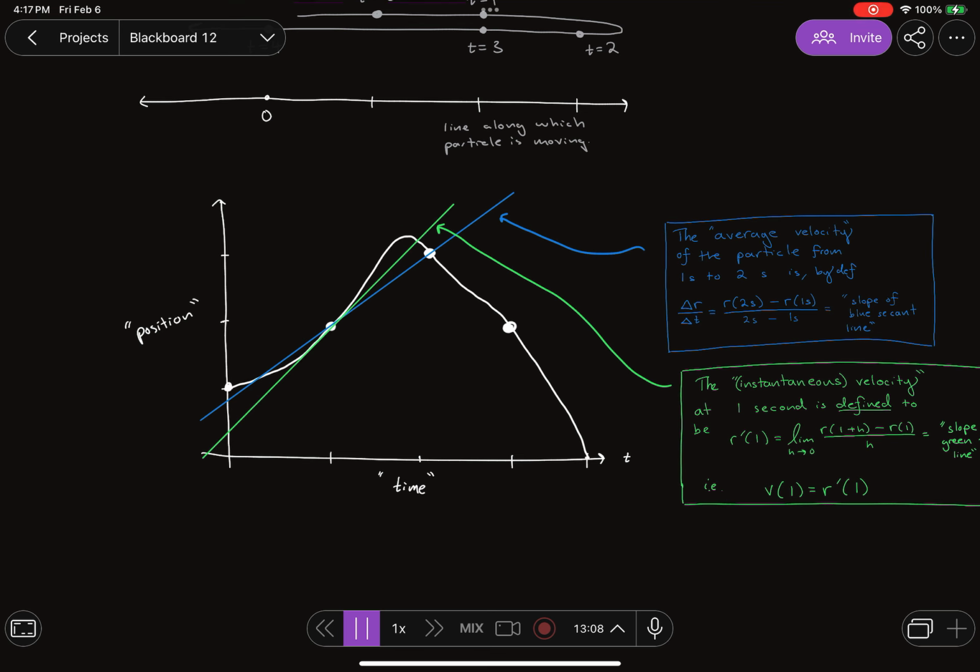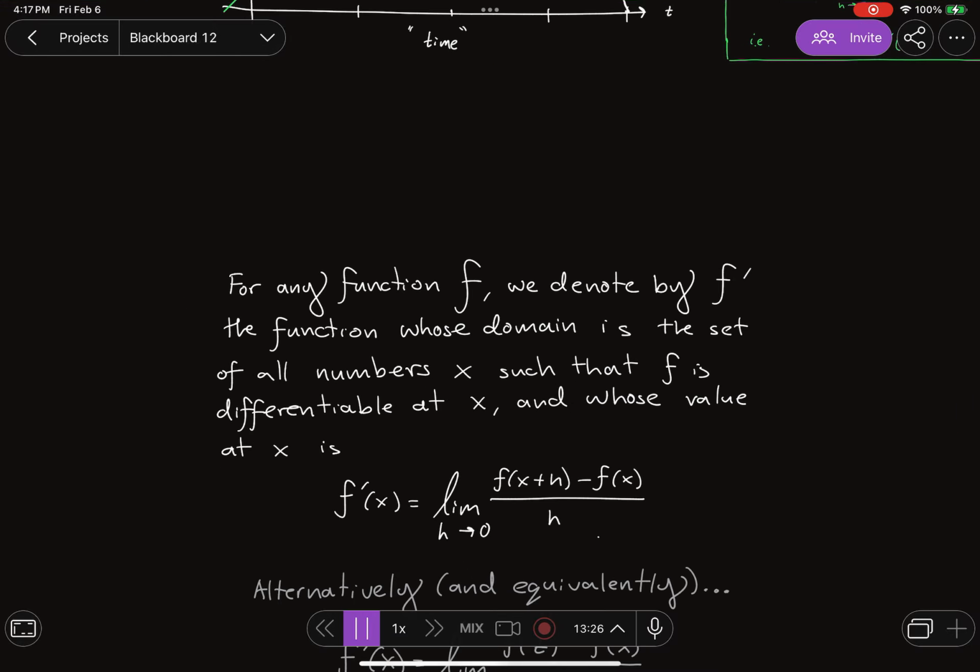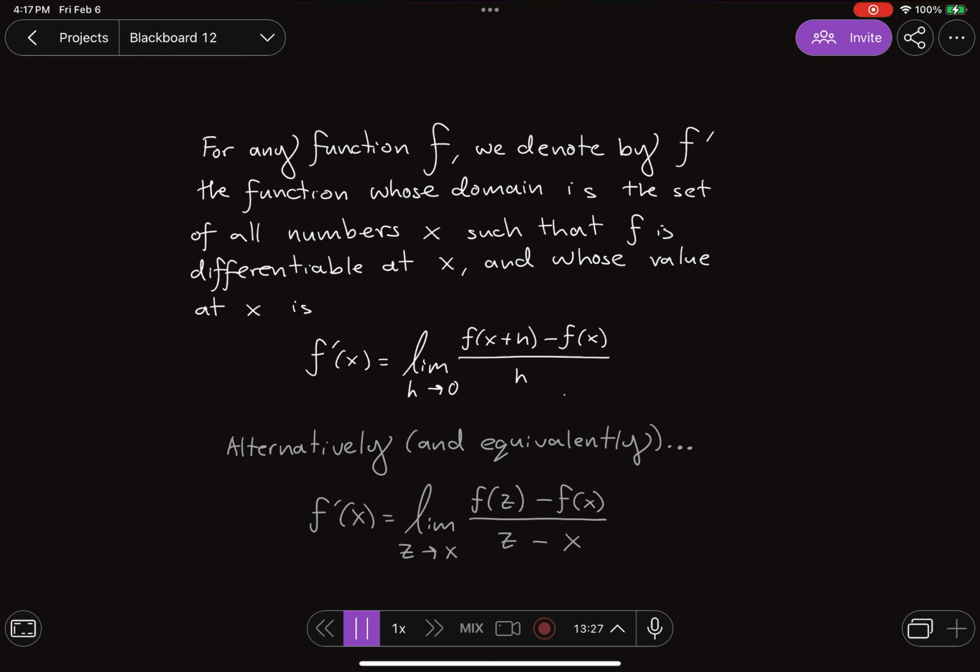So what we could do is create a new function that tells us the slope at any of these times. And how we define that is pretty intuitive. For any function f, we denote by f prime, again this reads as f prime, the function whose domain is the set of all numbers x such that f is differentiable at x, and whose value at x is f prime of x, equal to this limit.